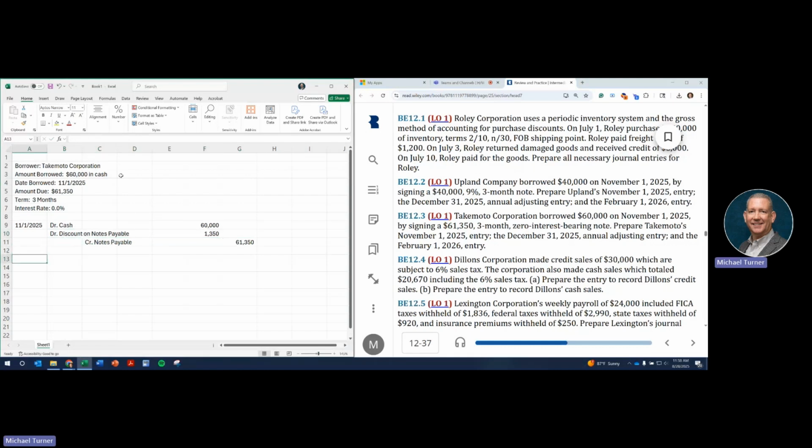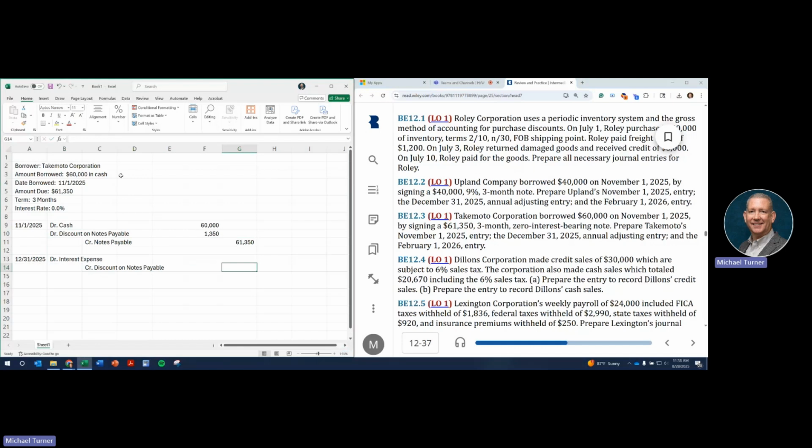So the second part asks for the December 31st, 2025 adjusting entry. So let's see what that looks like. When we're adjusting something, we know we're going to record either an interest or a revenue item. And because we're dealing with debt, it's going to be related to the interest expense. So we will debit interest expense, and we will credit this discount on notes payable as we amortize that across.